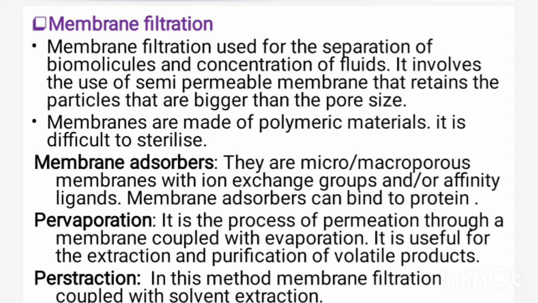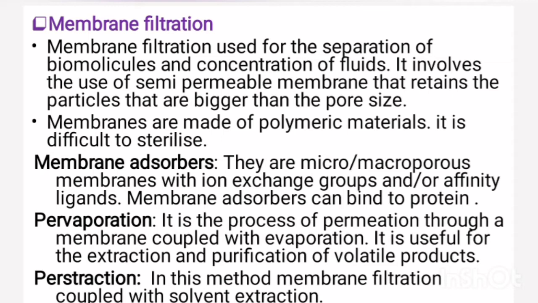Membrane adsorbers are macro or microporous membranes, and these membranes contain ion exchange groups or affinity ligands, and these groups or ligands can interact or bind with protein. So the protein can be eluted by chromatographic techniques.